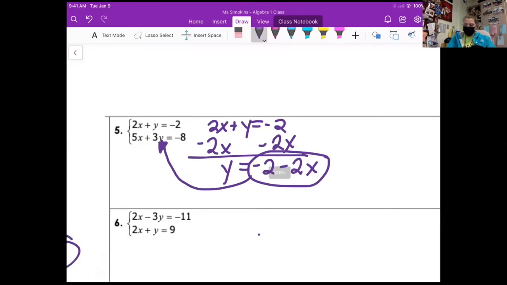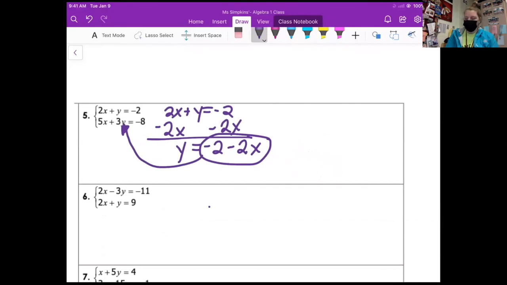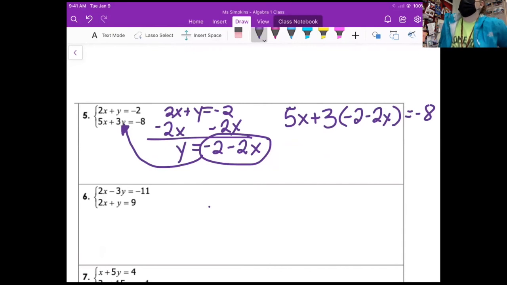So for the second equation, we're going to rewrite it as 5x plus 3, but instead of writing y, we're gonna write -2 minus 2x, and all of that is gonna equal -8.